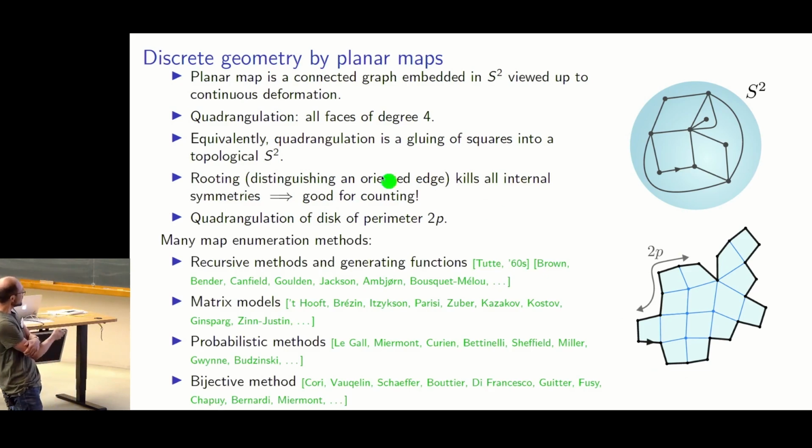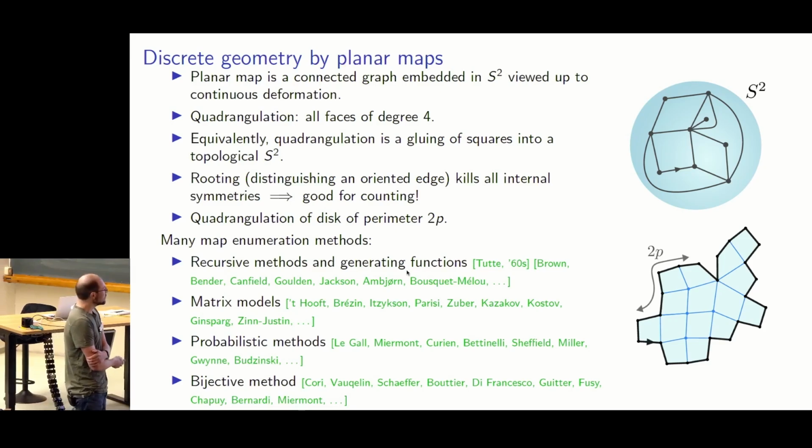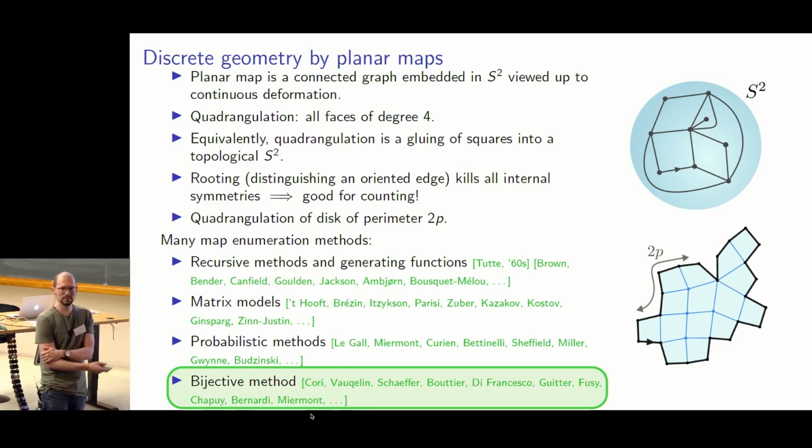Now, there are many ways of attacking the enumeration problem of planar maps, but as I already alluded to, we're going to focus on the bijective method, so trying to find a bijection between the current family of maps at hand with another family that we already know how to count. What I'd like to emphasize, and definitely something that Emmanuel has demonstrated to us to be a very powerful method, is that it gives you a lot more than just enumeration results.